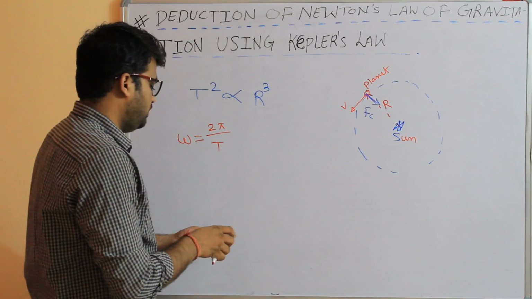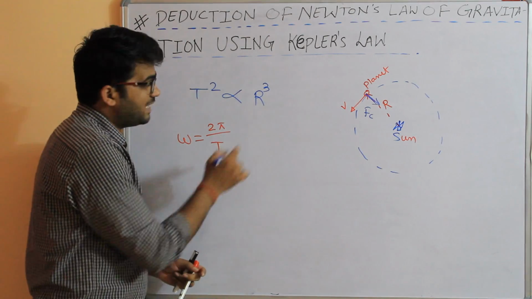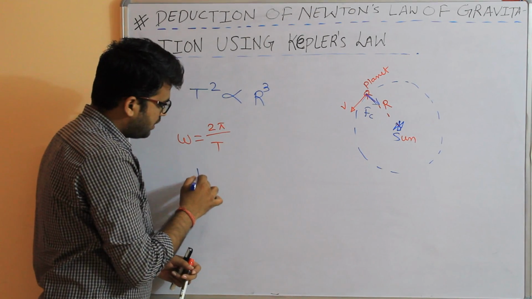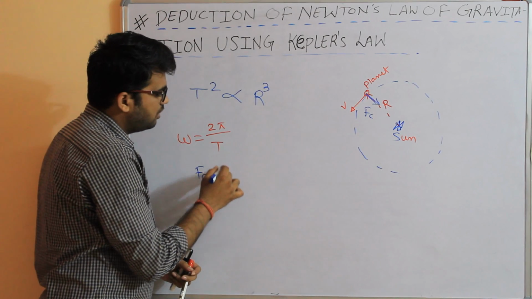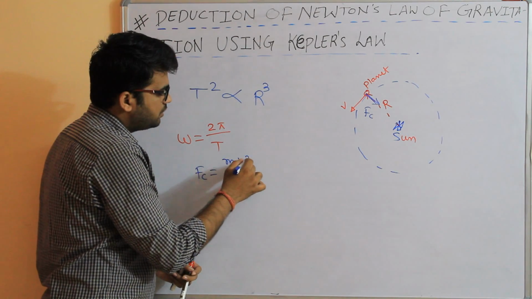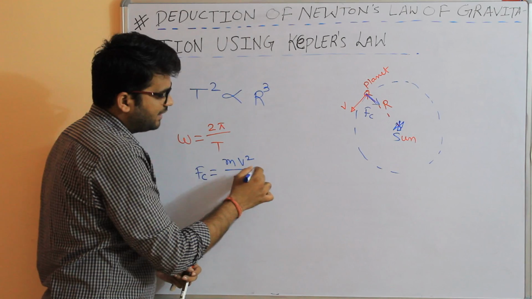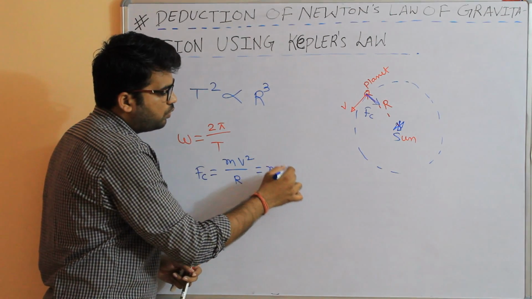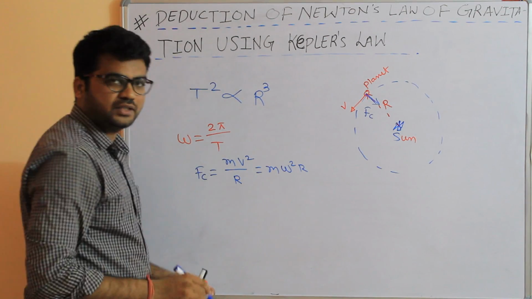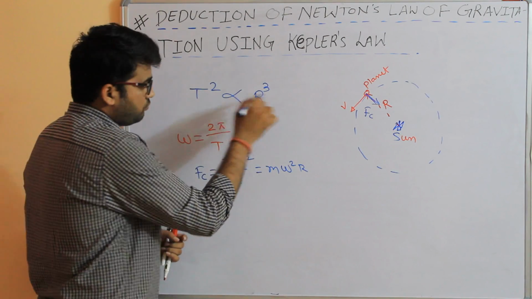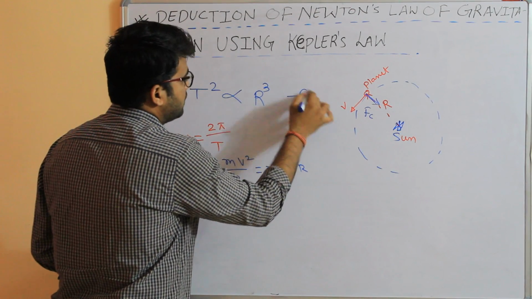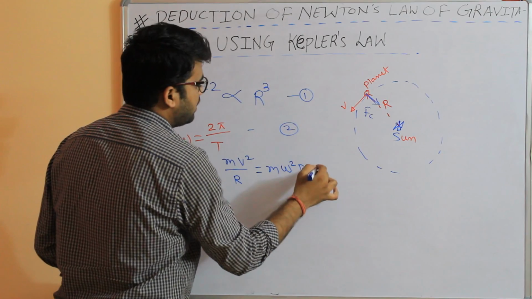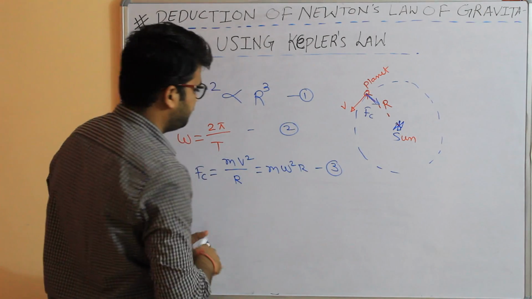Now we have the centripetal force as Fc is equal to m v square by r, and that is equal to m omega square into r, isn't it? Let us suppose this is the first equation, this the second equation, and this the third equation, right?